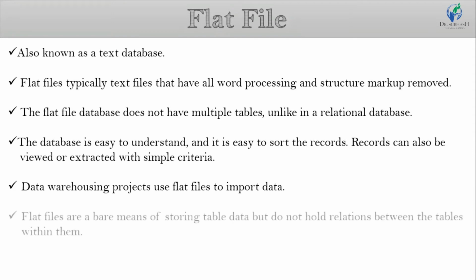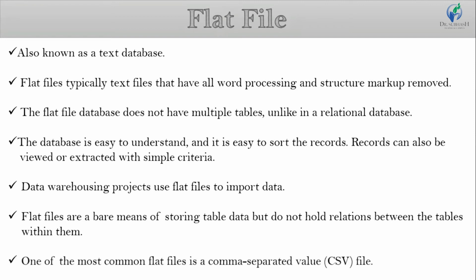Flat files are a bare means of storing table data but do not hold relations between tables. One of the most common flat files is the comma separated values, or CSV, file.